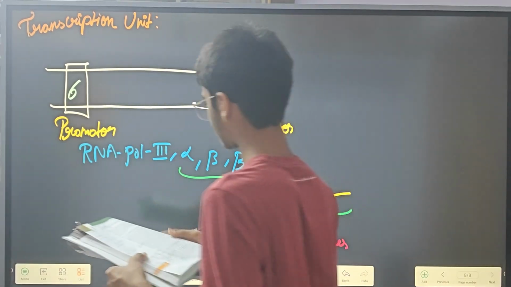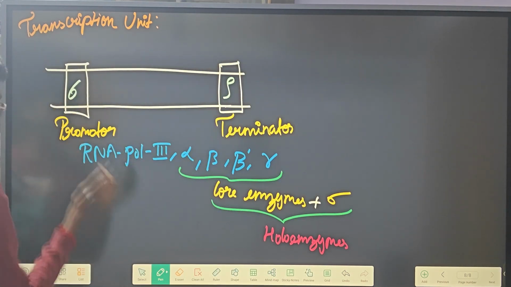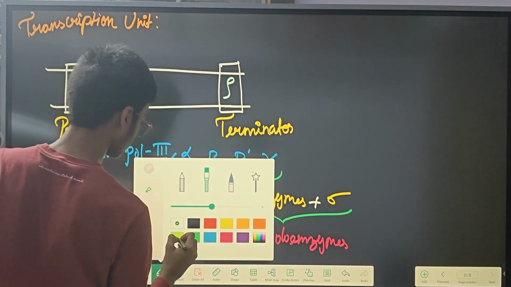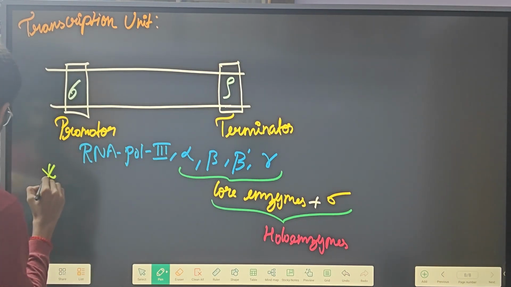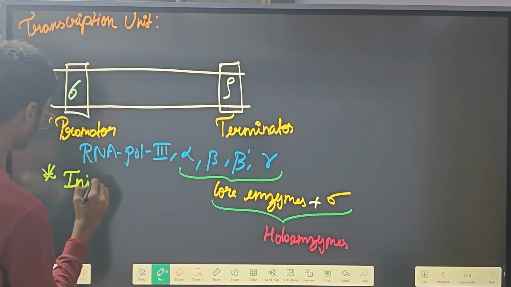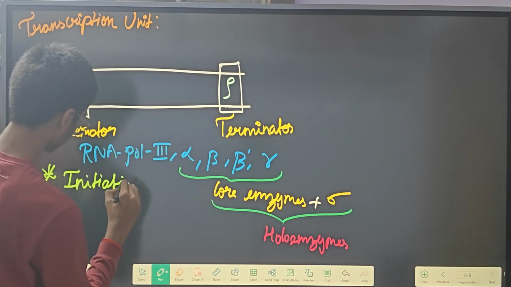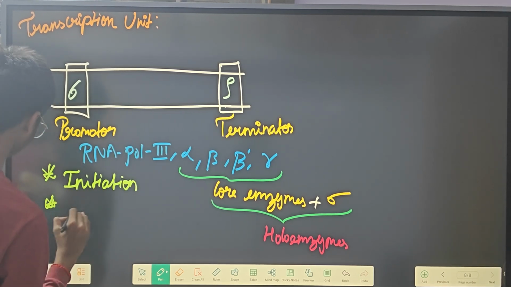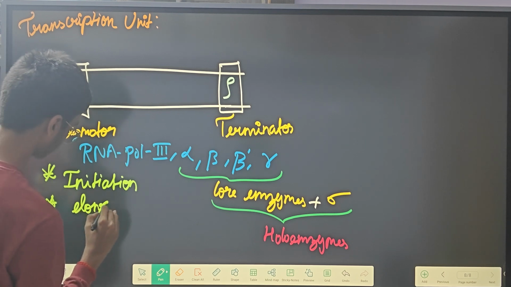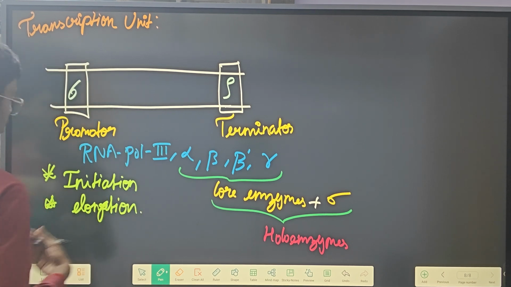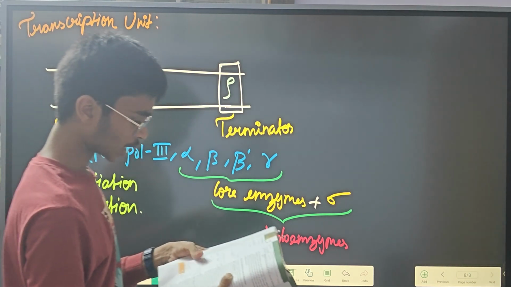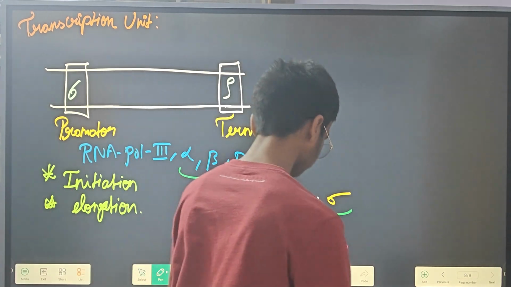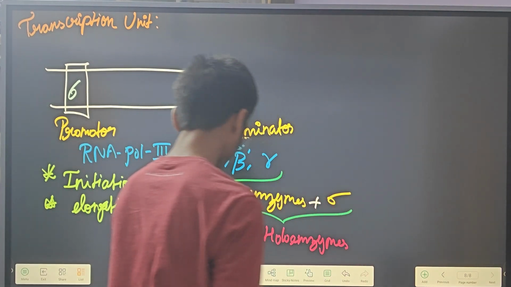The sigma factor is responsible for initiation, and also for elongation.